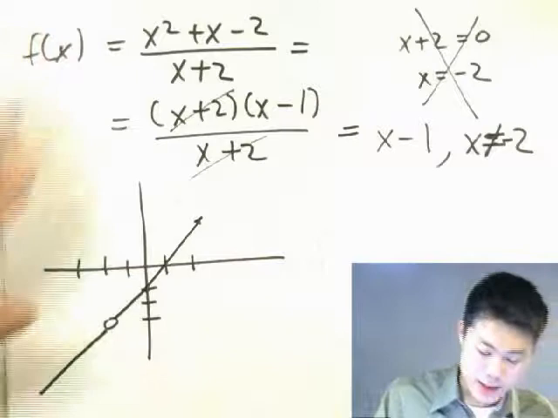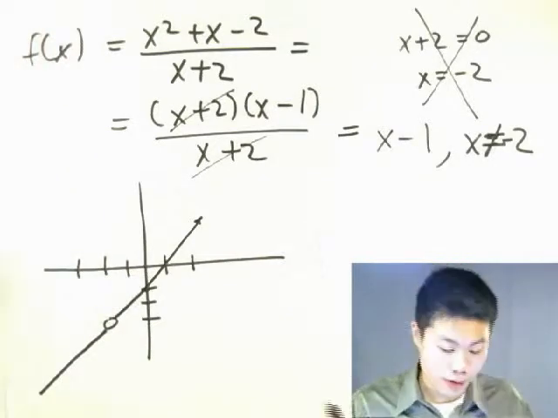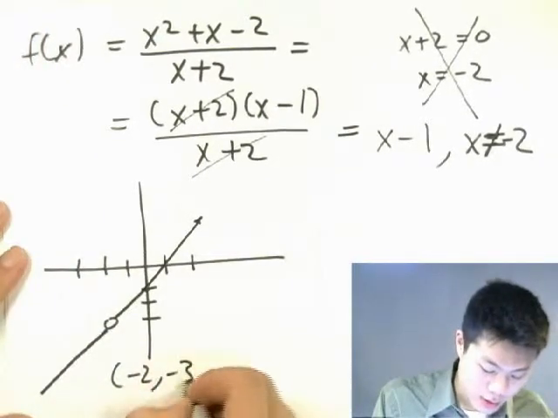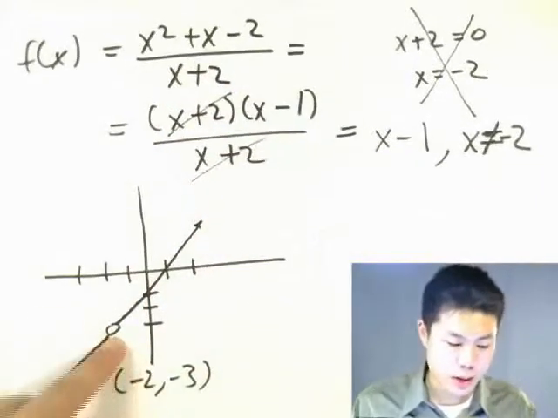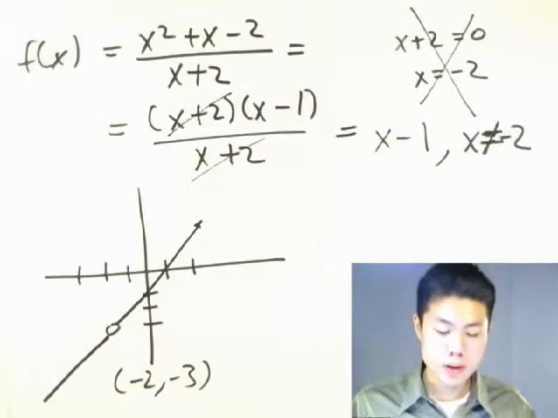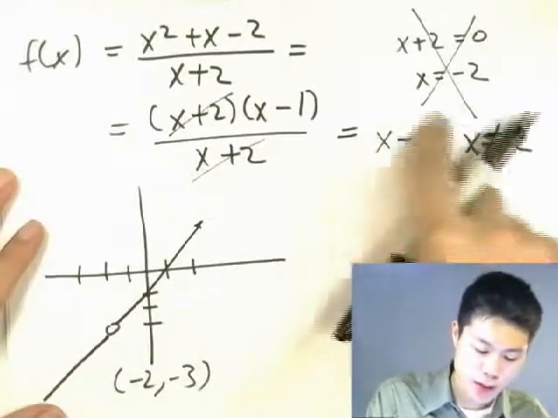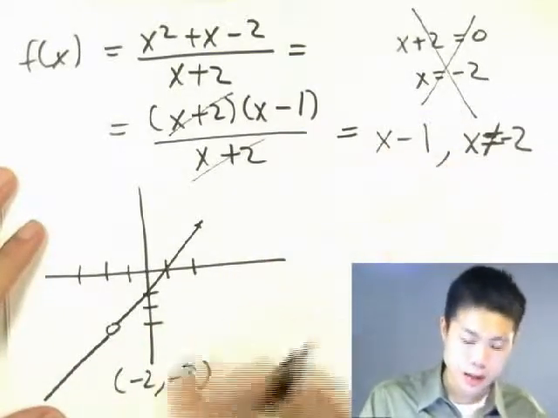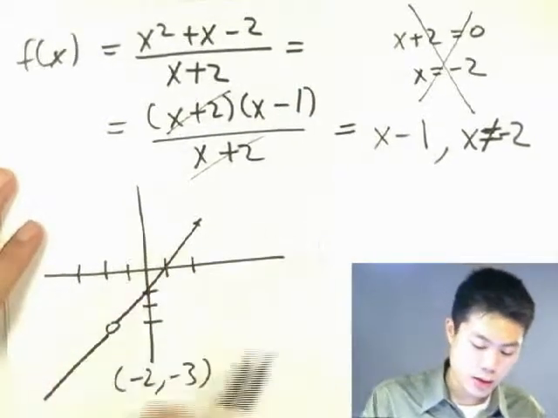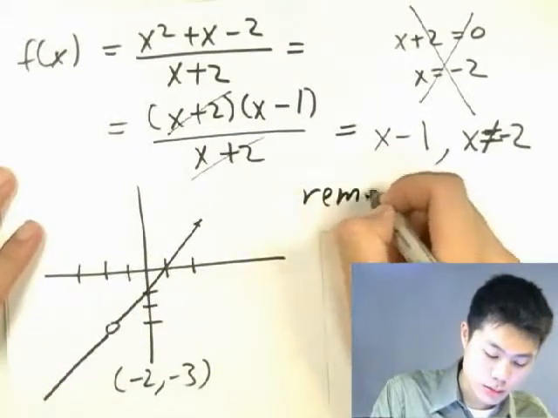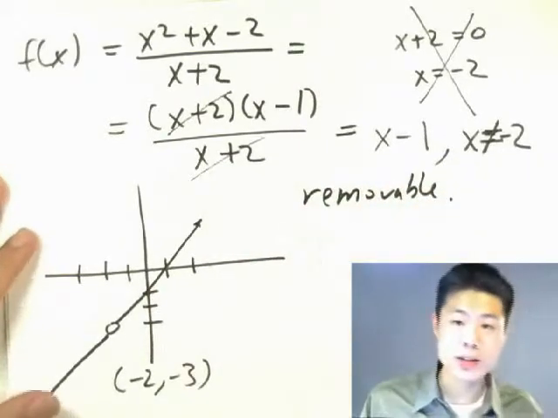Okay, so you can see that we have a hole here at -2, -3, because this function is not defined at this point. So this is, in a sense, removable, in that if we redefine this function as simply x minus 1, then this hole disappears. So this is called a removable discontinuity.